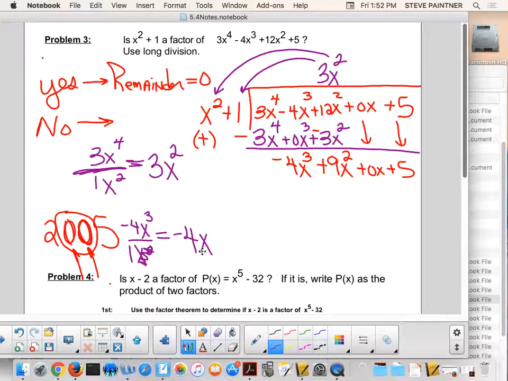Put it above the 0x. Multiply. Negative 4x times x squared is negative 4x cubed. Negative 4x times 1 is negative 4x. Put it under the 0x, right?